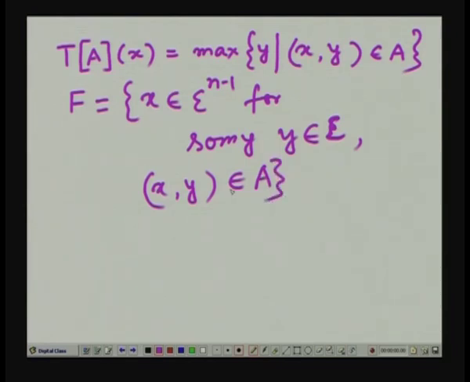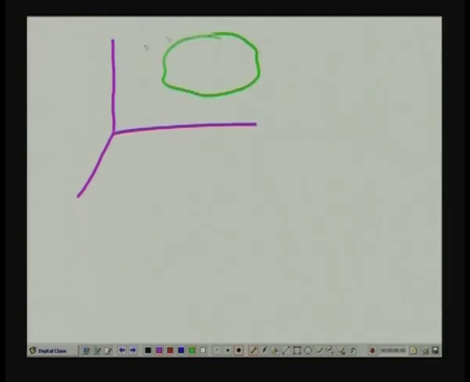So, we have the region of support and the top surface T A, and we can represent them with the help of a diagram. Suppose we have a set of points given like this. Suppose this is our x dimension, this is y dimension, this is z dimension.